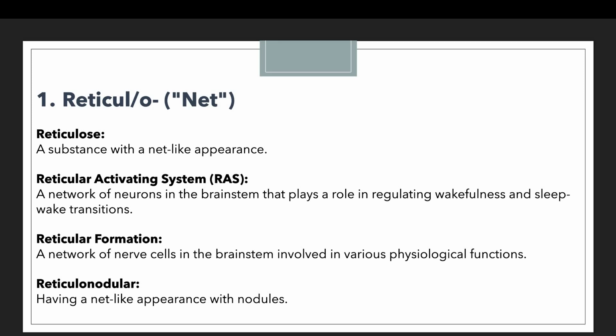If you look at all these examples, you will find something common between them, which is a network or net-like appearance. That's the reason we are using the prefix reticulo. Reticulo is a prefix and the other is the terminology, like reticular activating system is a complete terminology composed with the reticulo prefix.